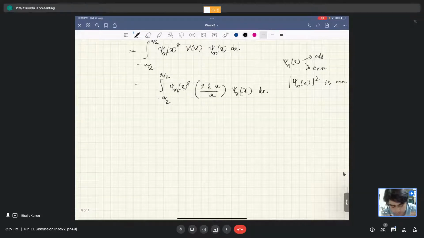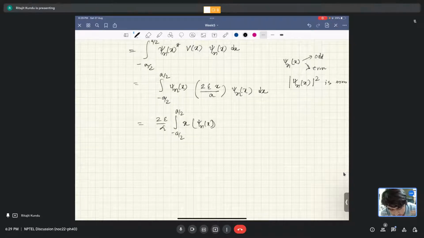The solutions are real, so I can remove this star. Now I am left with 2 epsilon by a times the integral from minus a by 2 to a by 2 of x times psi n of x squared. So can anybody tell me what this integration will become? What will be the value of this integration?